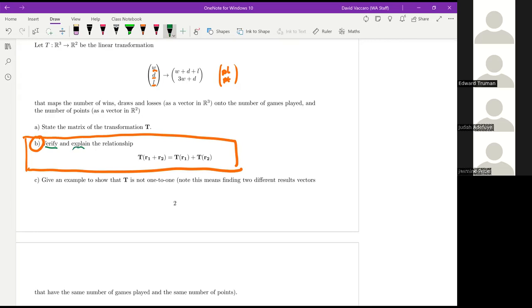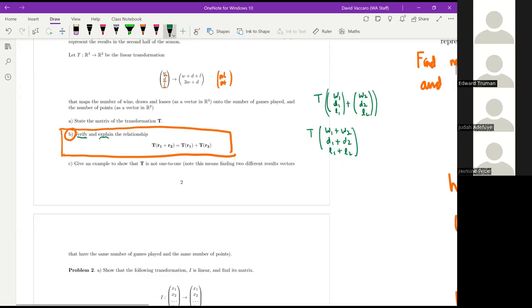So the verify bit is to look at what happens if we apply the transformation T to the sum of the two results vectors, so the (W1, D1, L1) plus (W2, D2, L2), which is just applying T to (W1 + W2, D1 + D2, L1 + L2).